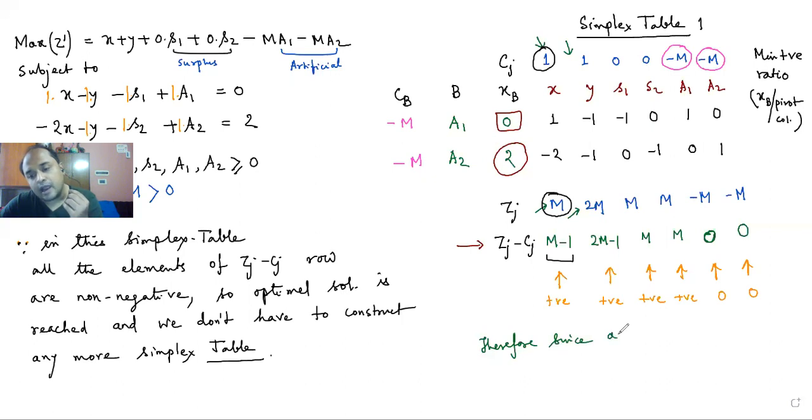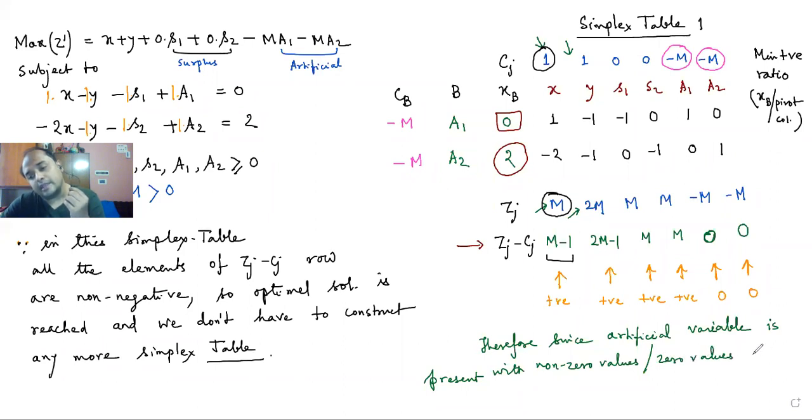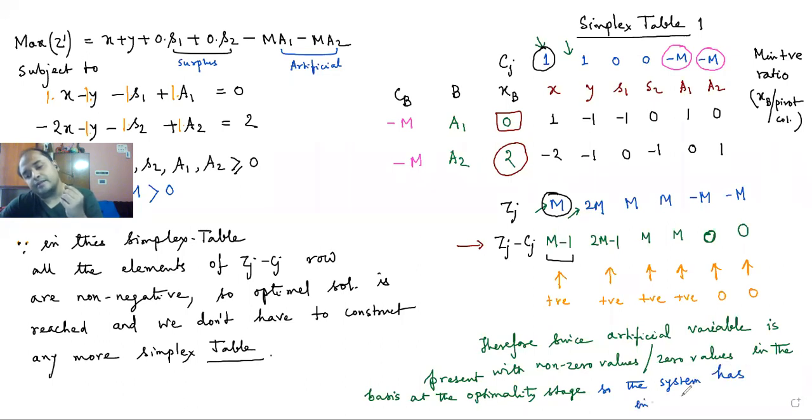since an artificial variable is present with non-zero values or zero values in the basis at the optimality stage, the system has infeasible solution.